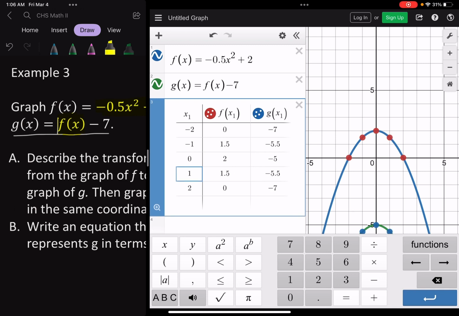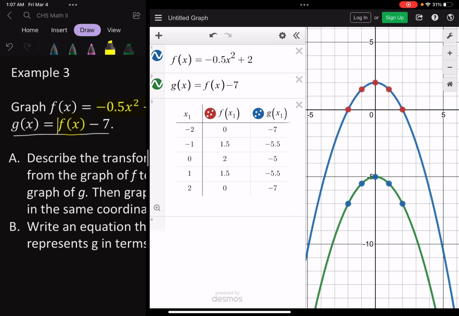Okay, so in my red column, when x is 0, y is 2. So if we do 2 minus 7, it's going to be negative 5. And if we do 1.5 minus 7, that's going to be negative 5.5. And 0 minus 7, so literally every single point between the blue graph and the green graph is going to be 7 away from each other.